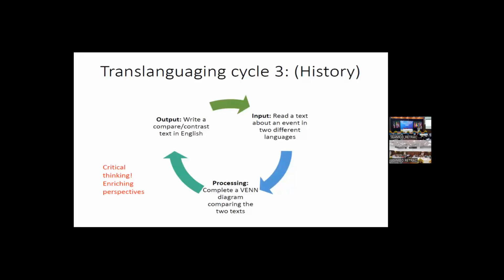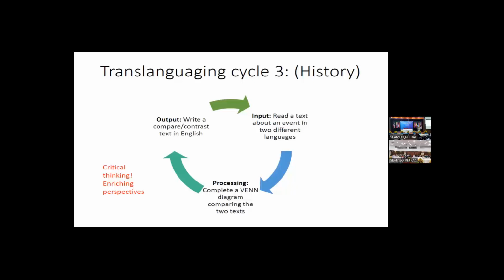It could be a geography class, it could be a chemistry class, it could be a sociology class, but the input could start with a text about an event in 2 or 3 or 4 different languages. The processing could then be a comparison. So putting the text together, the students might find that there are certain core elements of their stories which are similar, but each of the stories in different languages have something different to add.